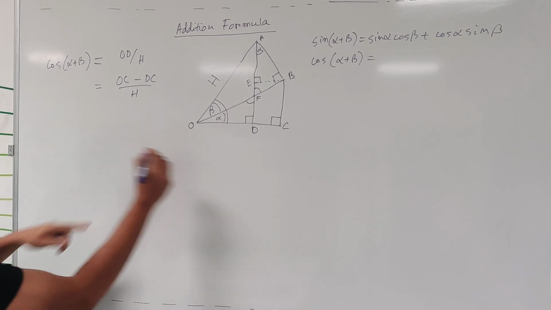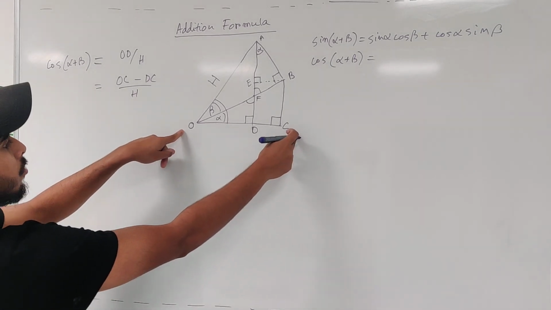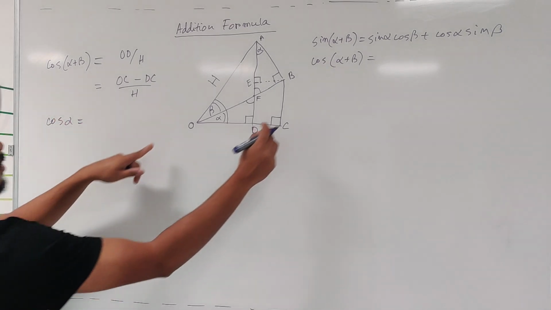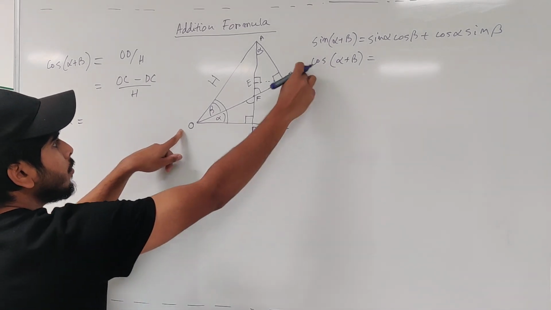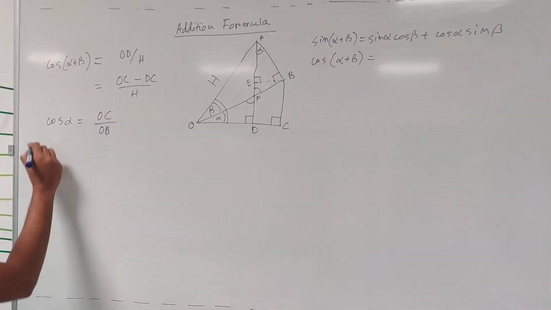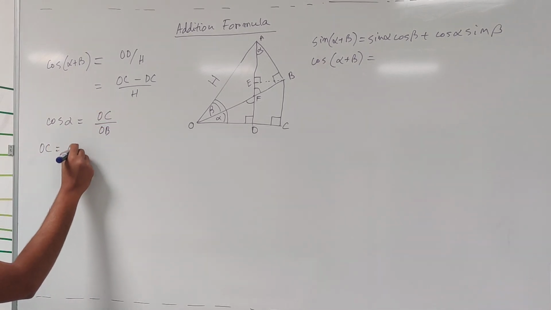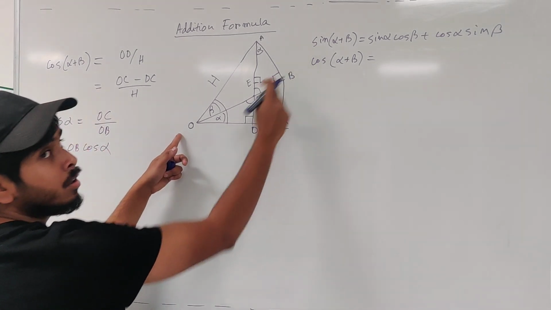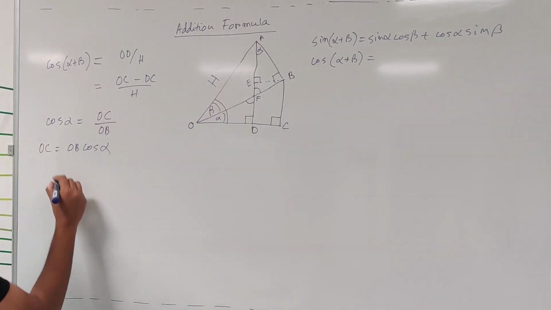To find out OC we have to use cos alpha. Cos alpha equals base over the hypotenuse, so OC over OB, or OC equals OB cos alpha. Now how do you find out OB? Consider the top triangle.